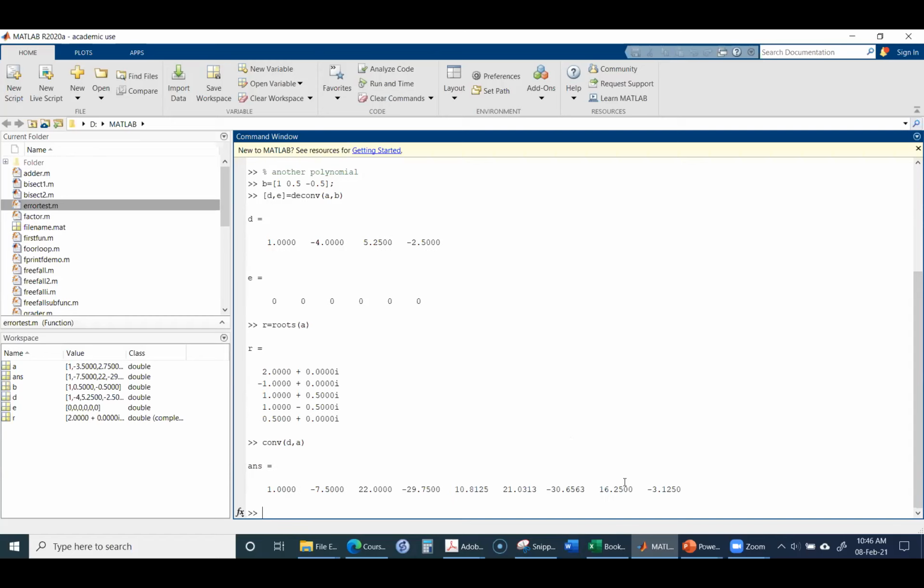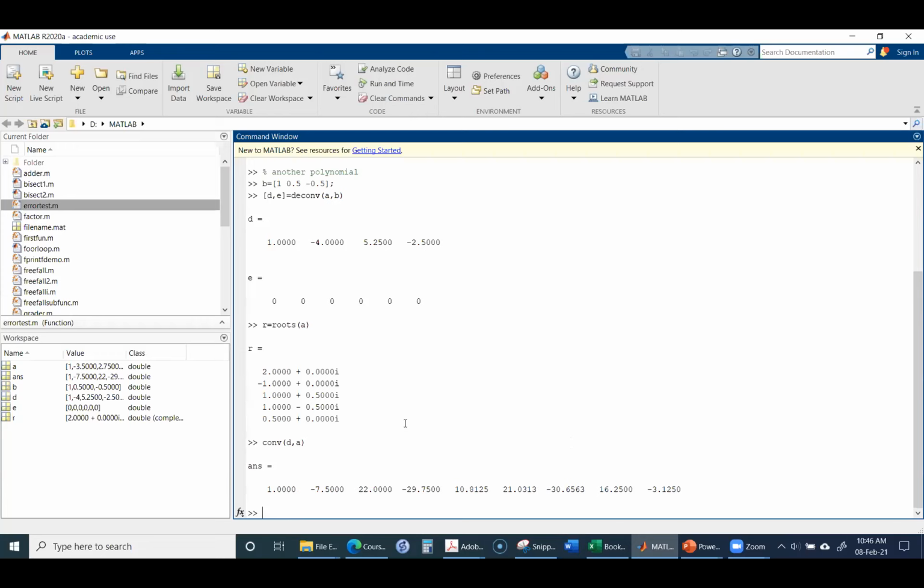So we get the answer like this, because we were multiplying the 5th order polynomial with the 3rd order polynomial, so it should be an 8th order polynomial.